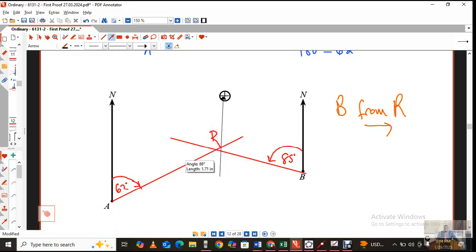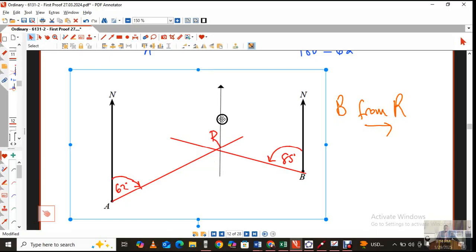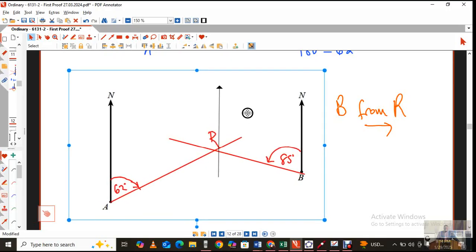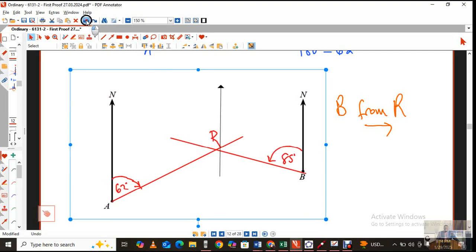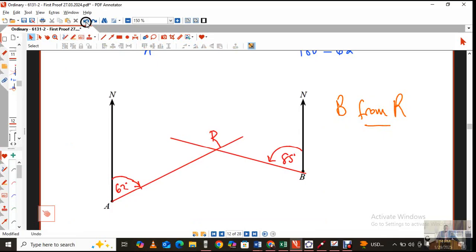So this is what is there. Let me just correct it a bit. So let's just undo it if it wants to play games. Okay, let's put our north line just a little bit nicer. I think it's now better. You agree? Okay. So this is my north line.